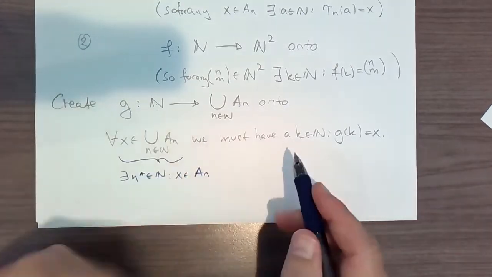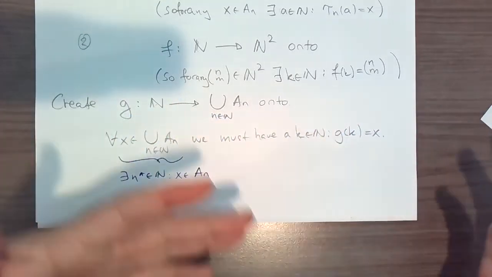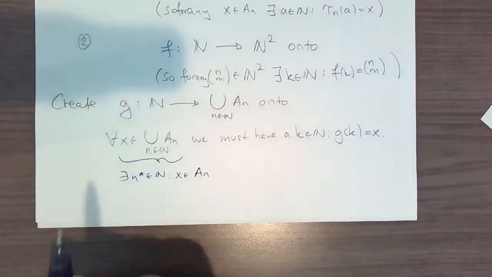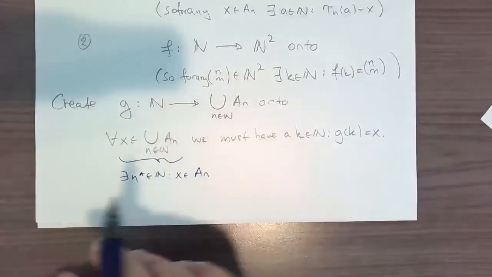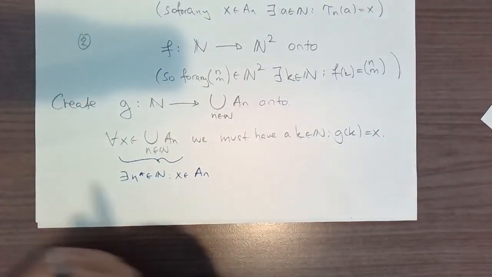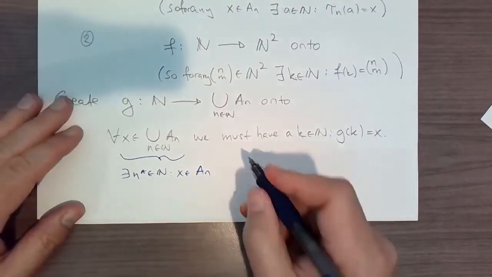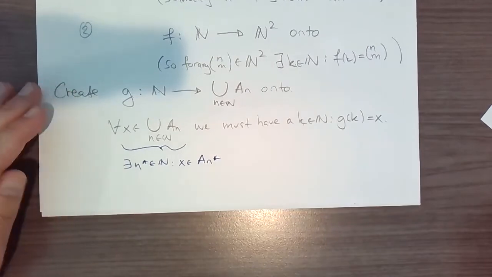Because what does it mean to be in a union? If you are in a union, you are somewhere in those sets that we take the union of. You could be in many places, but you're at least somewhere. There is at least one set such that you're inside it.